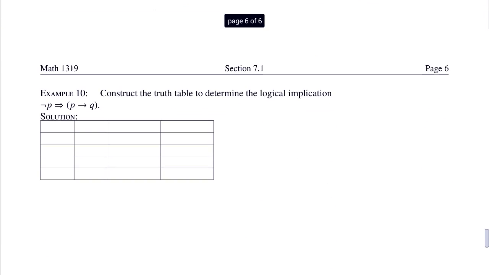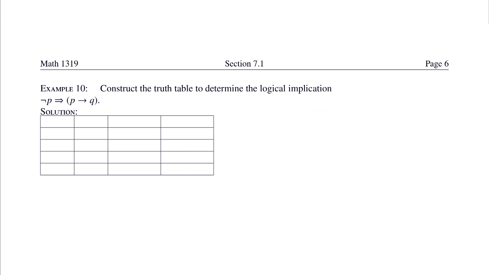All right. Example 10. Construct the truth table to determine the logical implication. Not P implies if P, then Q. So let's go ahead and work up the truth table here. So we have P, Q, not P, and P implies Q. If P, then Q. We'll start with our standard true, true, true, false, false, true, false, false.